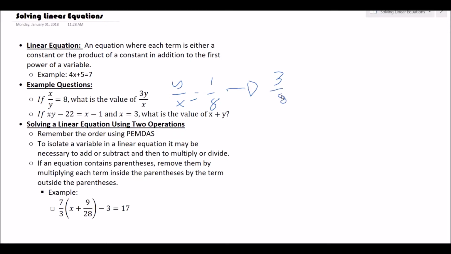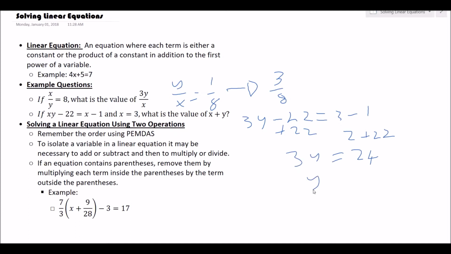Alright, next problem. If xy minus 22 equals x minus 1 and x equals 3, what is the value of x plus y? It's given that x is 3, so 3y minus 22 is equal to 3 minus 1. 3 minus 1 is 2, and then we have to add the 22 here, so we're left with 24 equal to 3y.